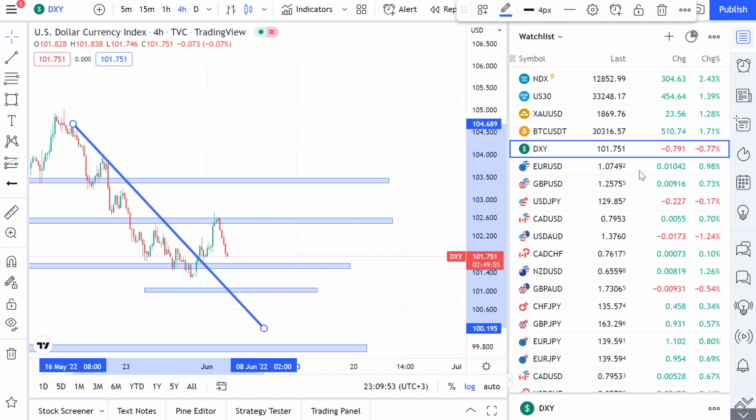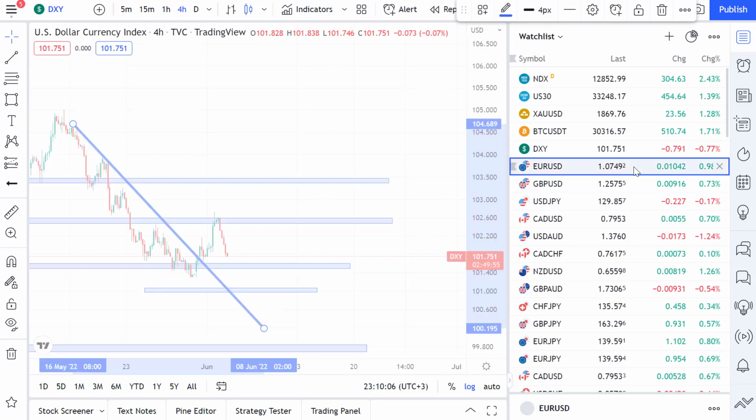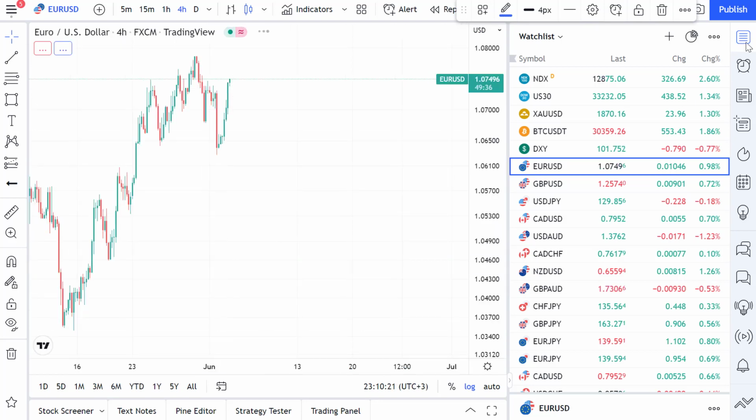So for euro dollar, it was kind of an uptrend and bullish trend for today due to the correction of DXY, and I will tell you what happened exactly for euro today.